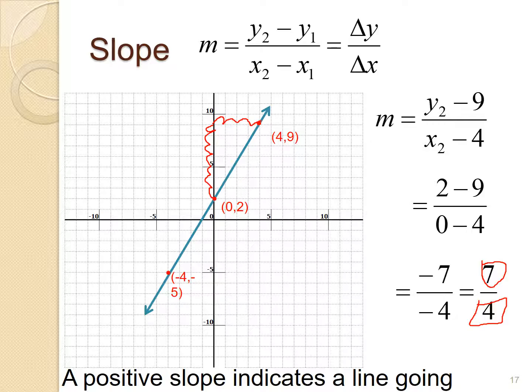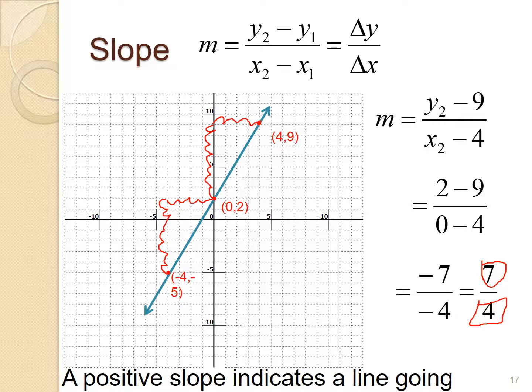We say, well, here we're going to go up 1, 2, 3, 4, 5, 6, 7 to have the y value be the same. And then we're going to come over 1, 2, 3, 4. So again, the slope should be the same anywhere along the line. And the change from this point to this point in the y's was coming up 7 and then over 4. So in working with slope, this can be a quick way to look at it.